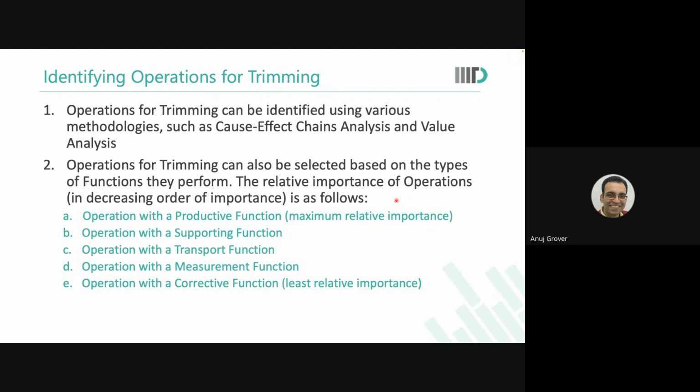Then operation with a supporting function. Supporting function is needed so that the cost of your productive function remains minimal. They are like catalysts. Supporting functions have high value. Then transport functions. You have to move stuff from one place to another. Transport functions also important. Lowest value is for corrective.